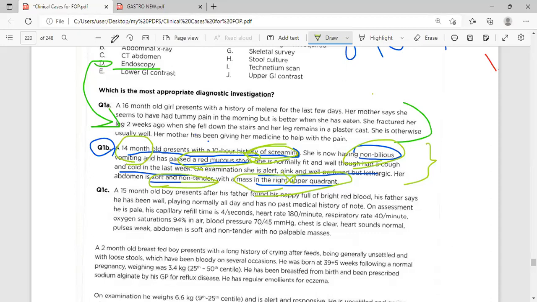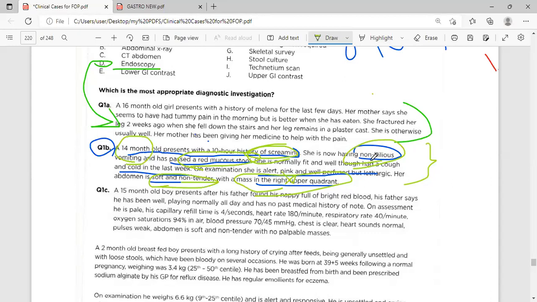But if the obstruction is below the ampulla of Vater, we'll usually find bilious vomiting. So this is a case of non-bilious vomiting, which shows the obstruction could be upper or lower. But depending on the age and the history, this is a case of intussusception.